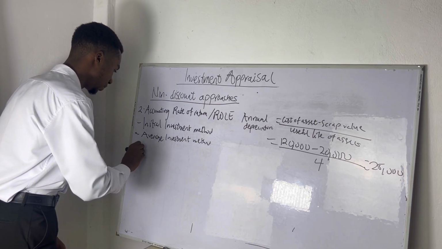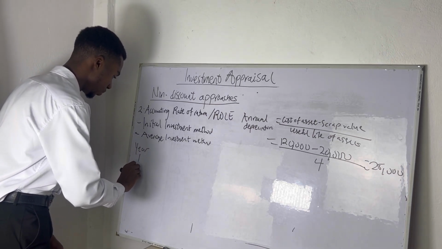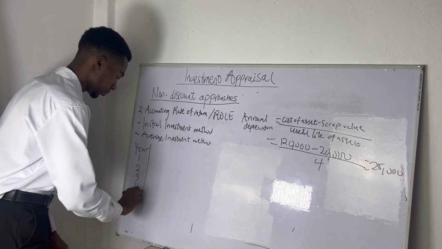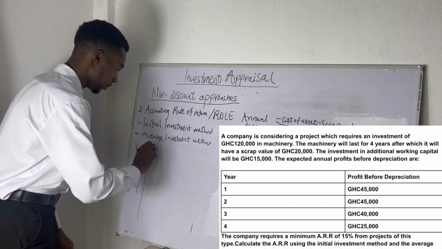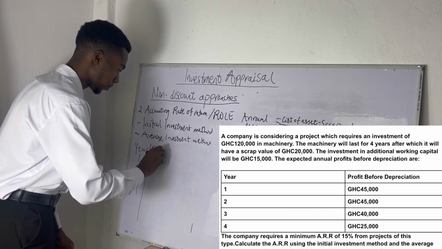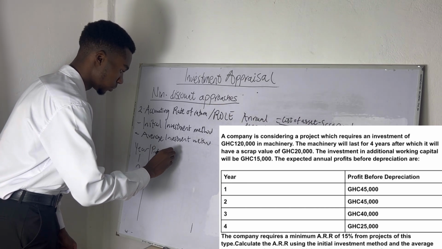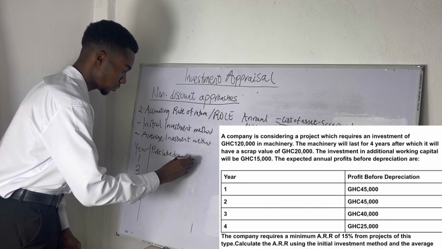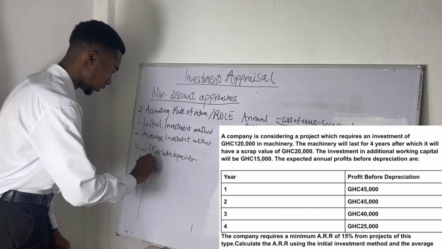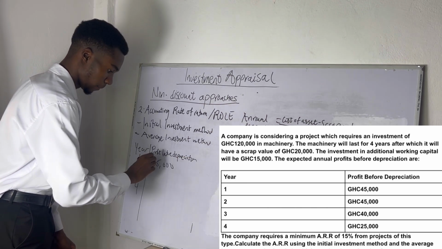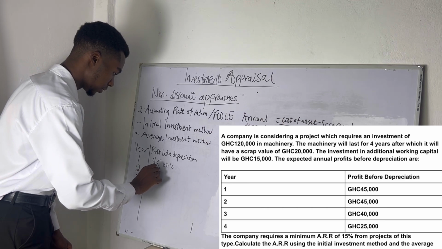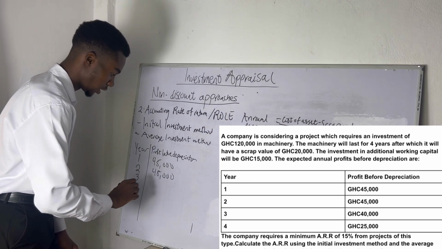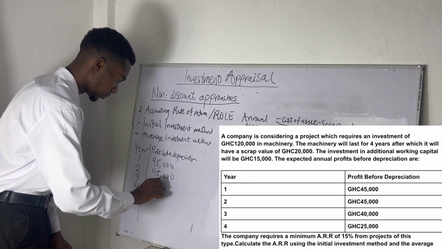So here, then 1, 2, 3, 4. Then we have the profits before depreciation. So we have 45,000. We have another 45,000. Then year 3 we have 40,000.